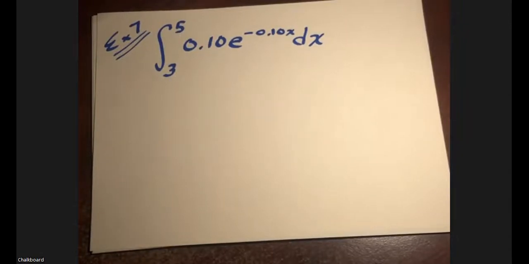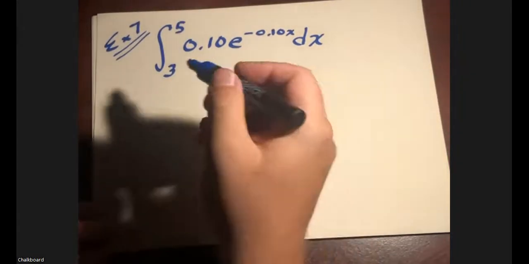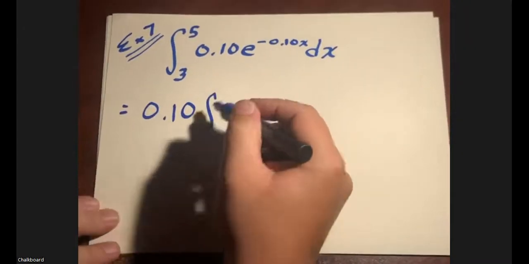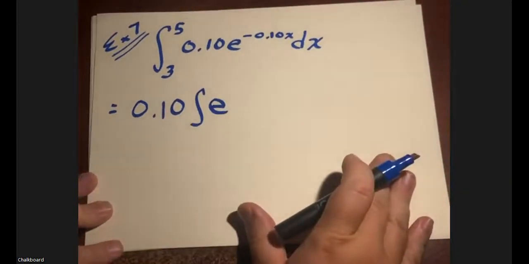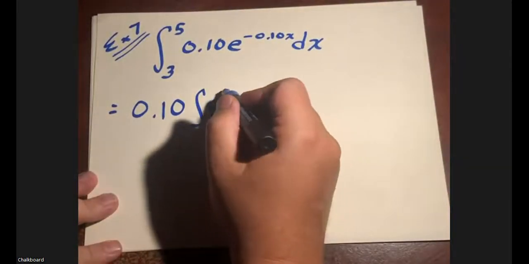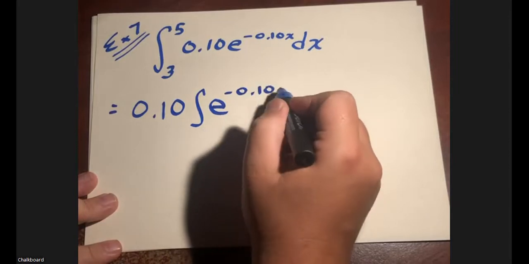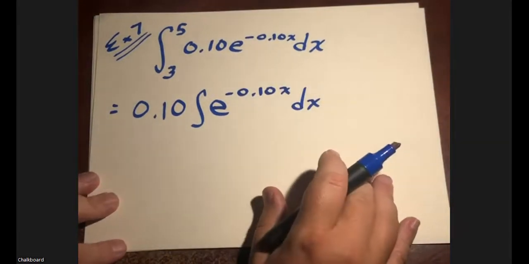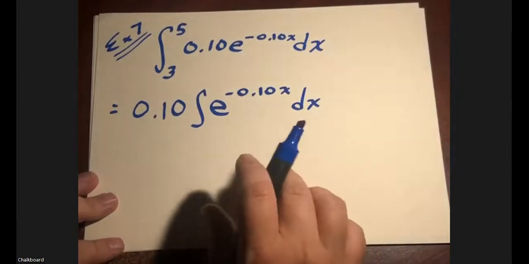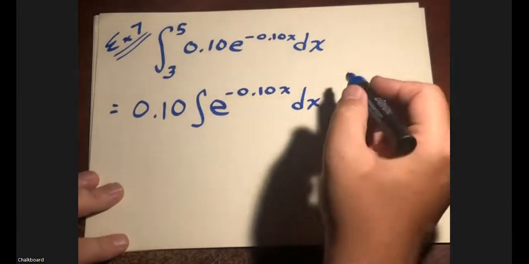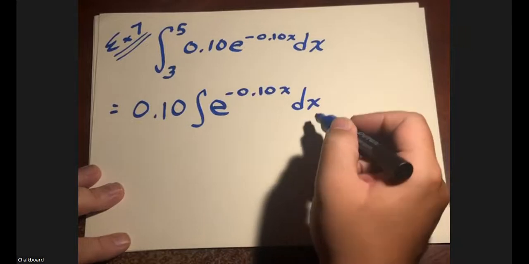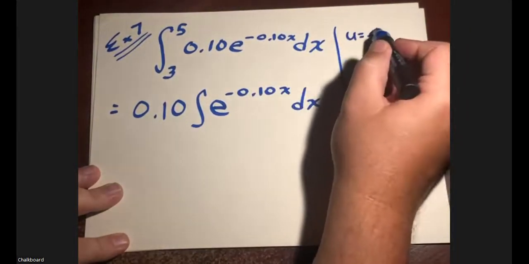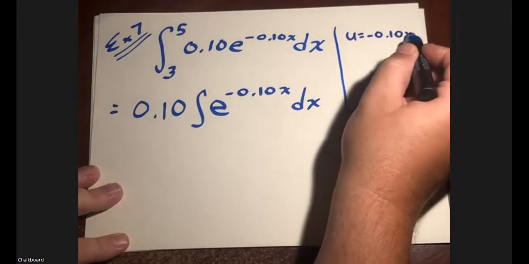First, I'm going to apply, again, the coefficient rule and pull the 0.10 out. Next, I'm going to apply u substitution and let u equal the exponent of e here. So u equals negative 0.10x.